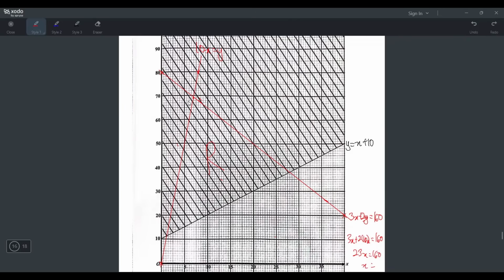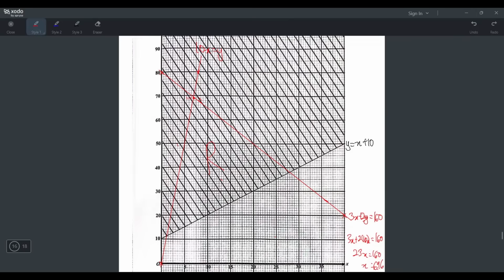So what do you think? If 5 is here, 6 is here, and 7 is here, so it's 6.96. Let's find the y coordinate.